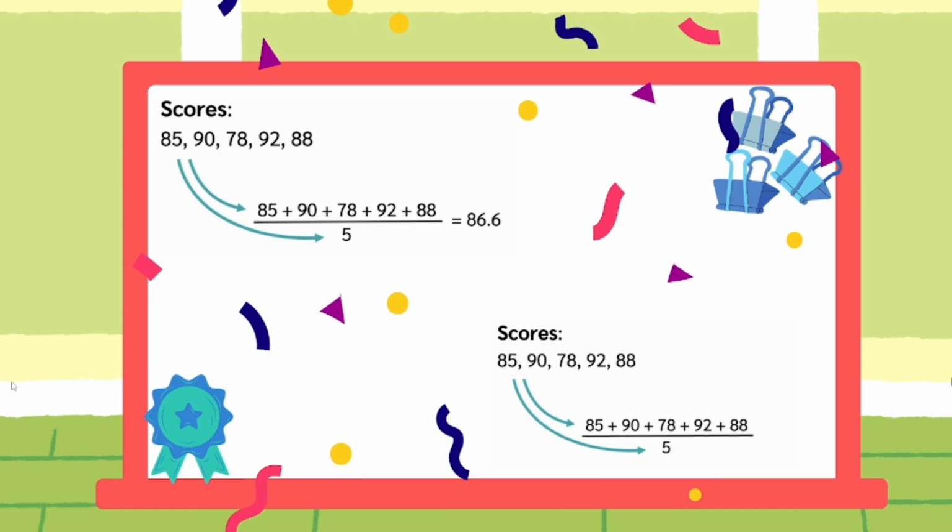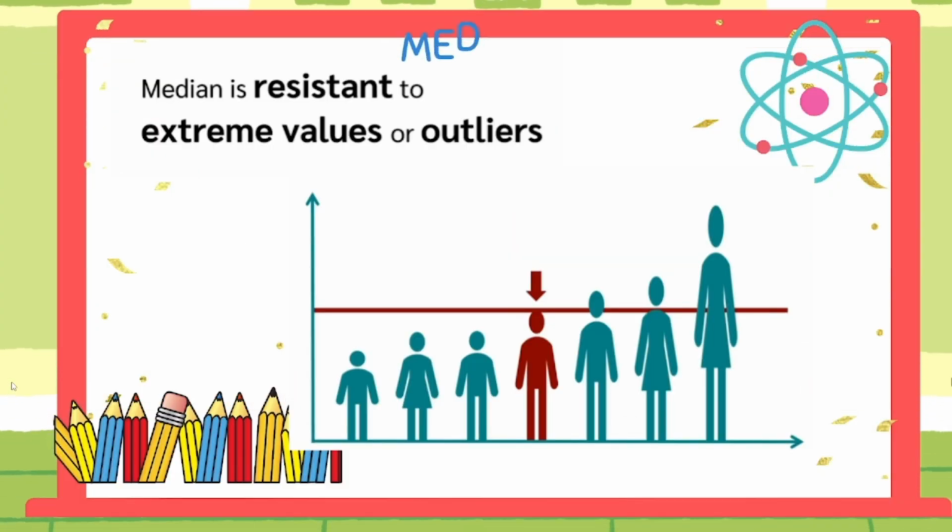Imagine we have the test scores of 5 students: 85, 90, 78, 92, and 88. To find the mean score, we add up all the scores and divide by the number of scores. So the mean test score for these 5 students is 86.6.